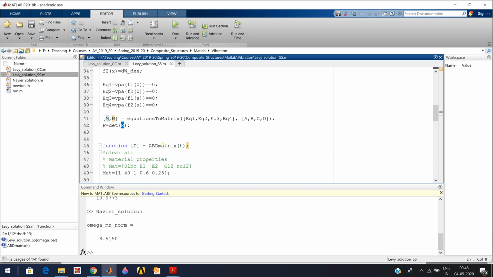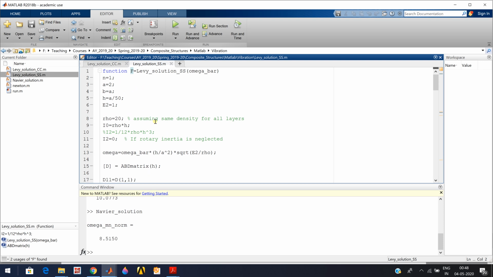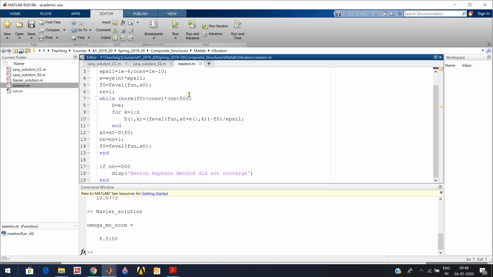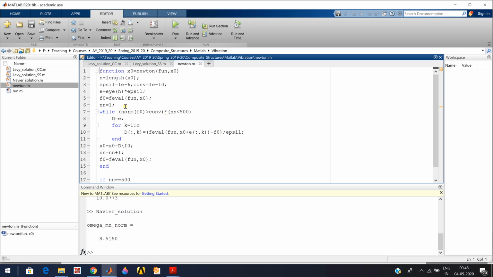So that's what we get, and then f. From this equation, my output is f, and the Newton-Raphson method will look for where this f is 0. This Newton-Raphson method is written compactly, so it's a standard routine. You can get a similar routine maybe from the internet, but you can make it on your own.